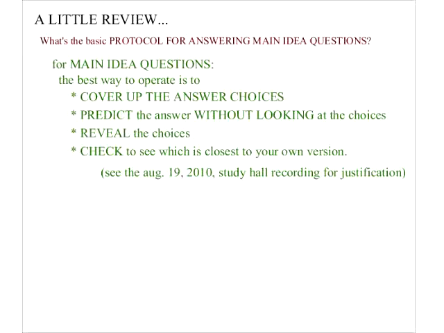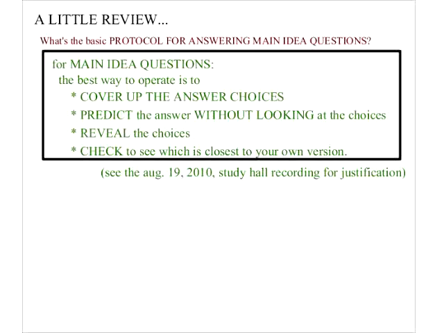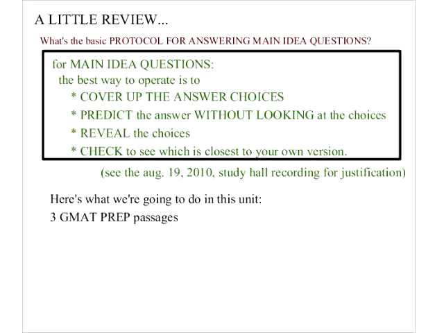So in light of this fact, here's what we're going to do today. We have 3 GMAT prep passages. For the first one, I'm going to walk you through this process.